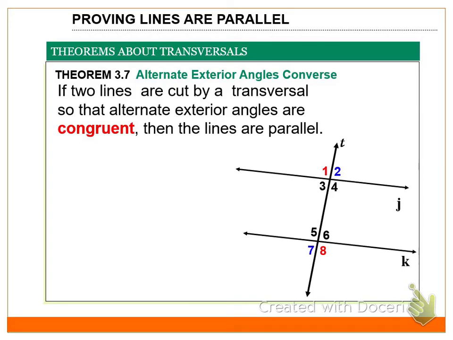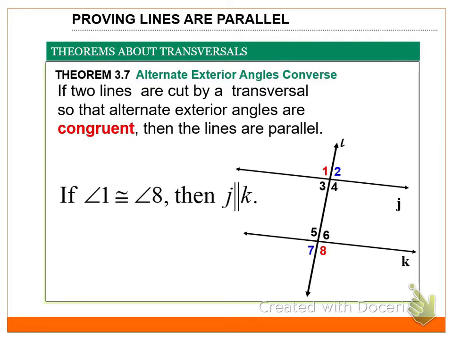Again, you'll highlight alternate exterior, and then you'll highlight the word congruent. If your alternate exterior angles are congruent, that is enough to prove that the lines are parallel.